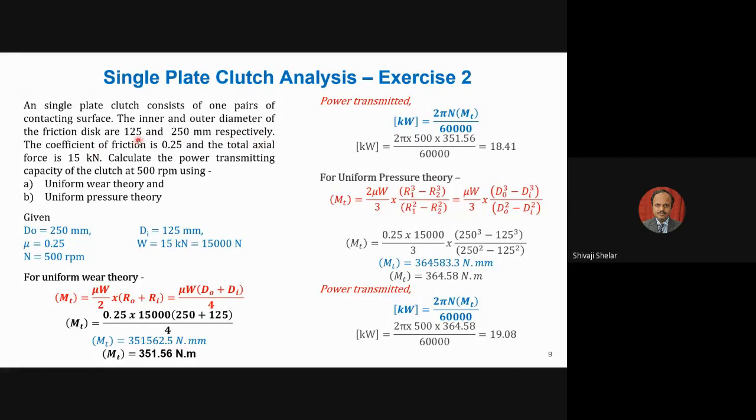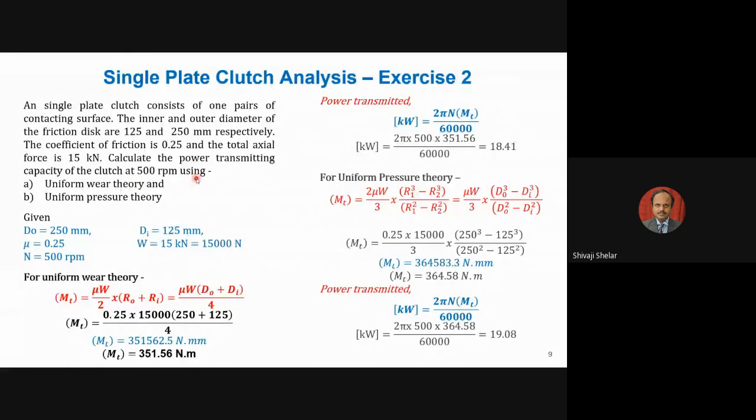The coefficient of friction at the contact surface is 0.25, and the total axial load provided by the spring is 15 kilonewton. Calculate the power transmitting capacity of the clutch at 500 rpm.